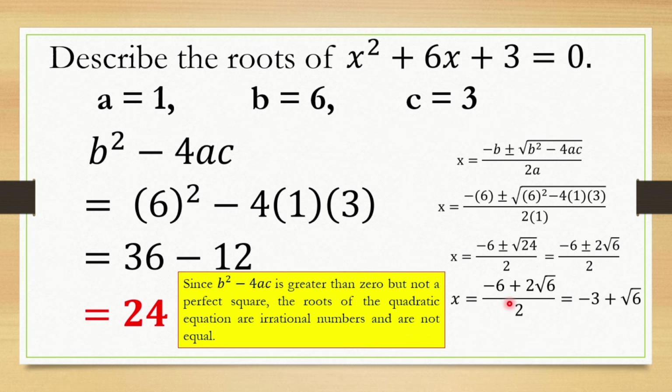The first one is negative 6 plus 2 square root of 6 all over 2. We will have negative 3 plus square root of 6. Alright? And then the next one is negative 6 minus 2 square root of 6 all over 2. So we will have negative 3 minus square root of 6.